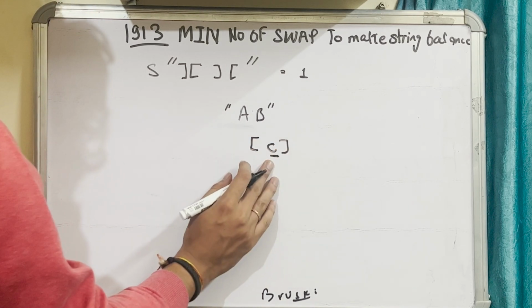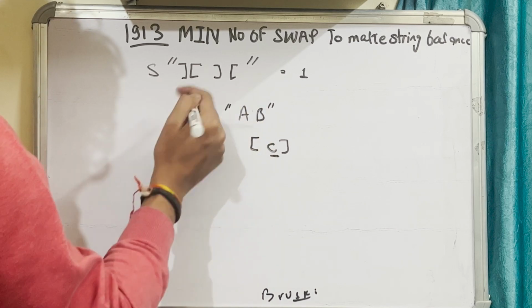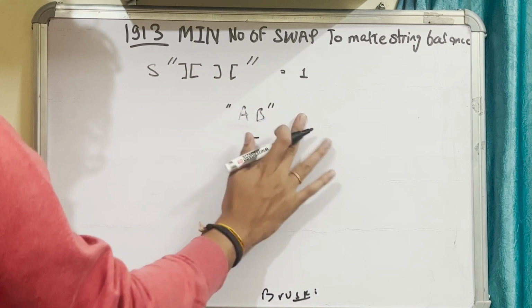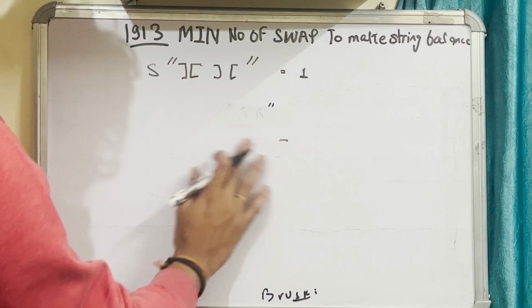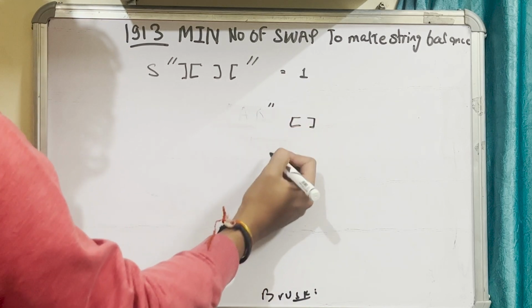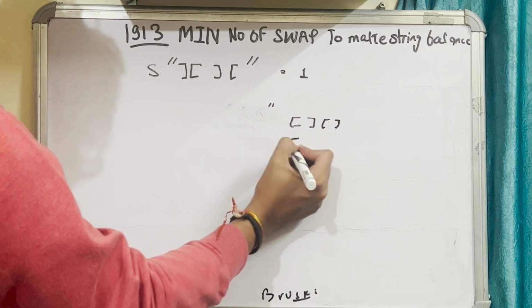So basically, you have some string given and you have to make it a balanced string and return the minimum number of swaps. A balanced string is nothing but an opening bracket, and next the character should be a closing bracket. Like this is your balanced string.